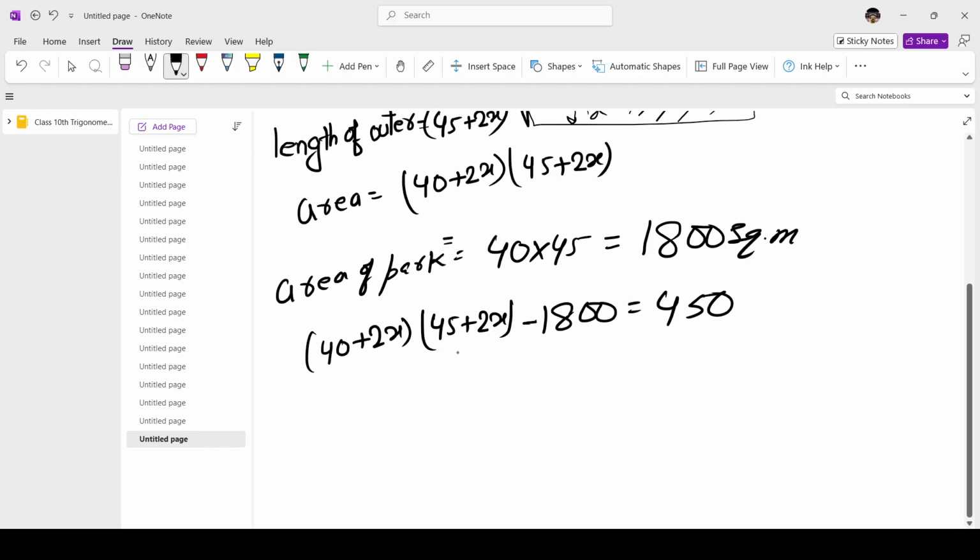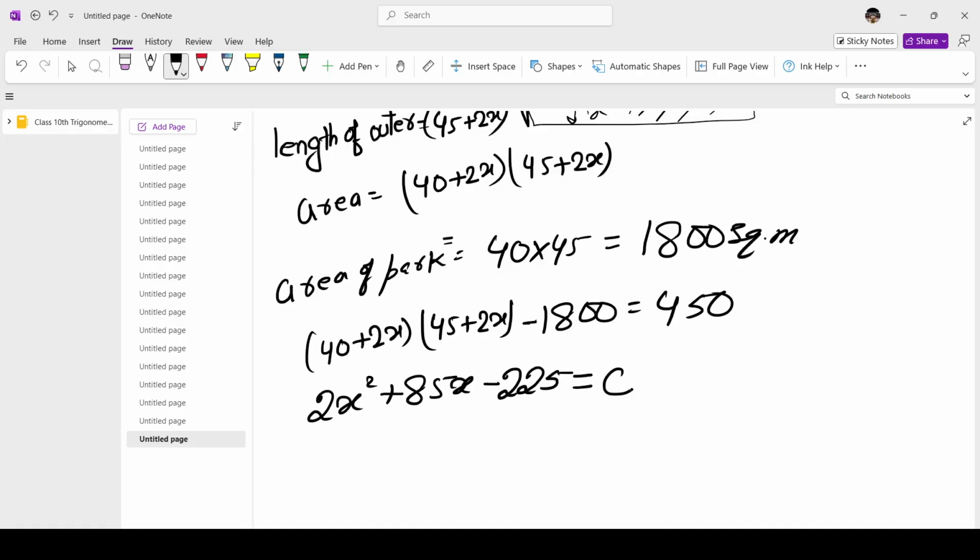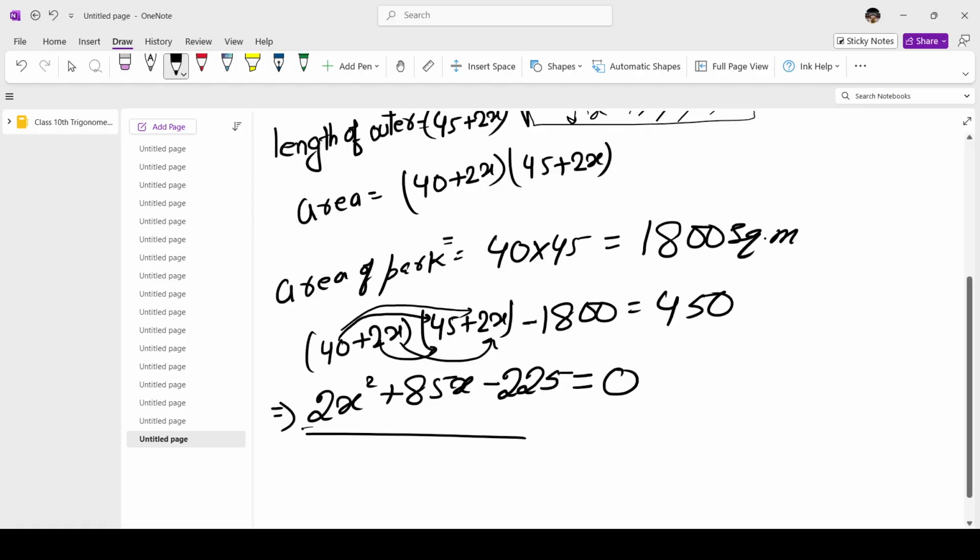When we solve it, we multiply it with 2, then this, also this. Okay, we will get this equation.